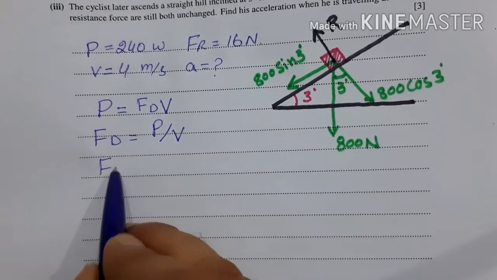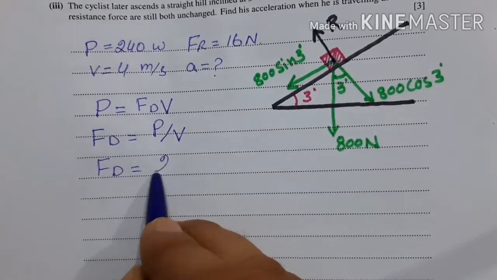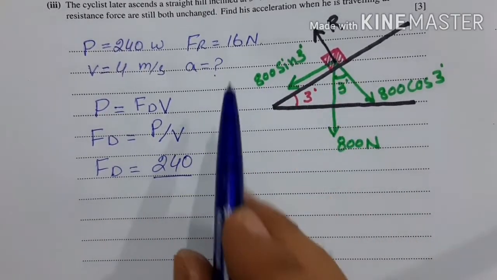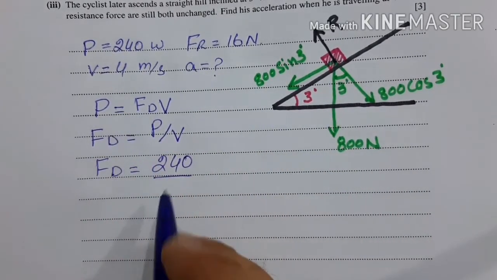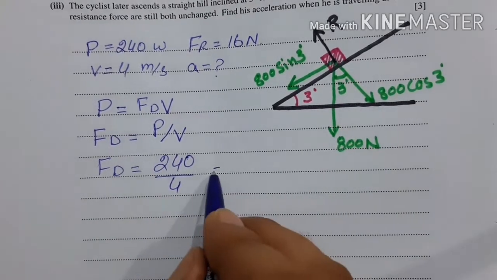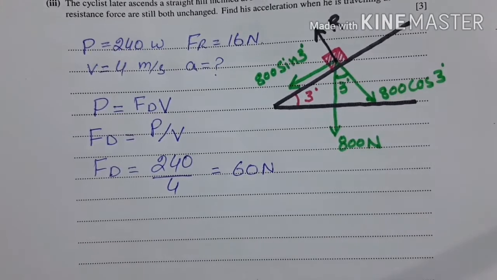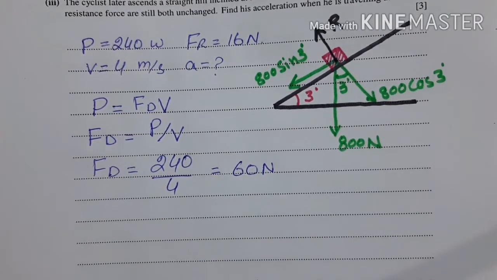Power is 240 and speed is 4 meters per second in this case. So this is 60 newtons. So the forward driving force is 60 newtons.